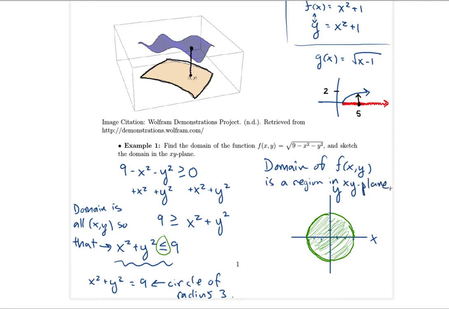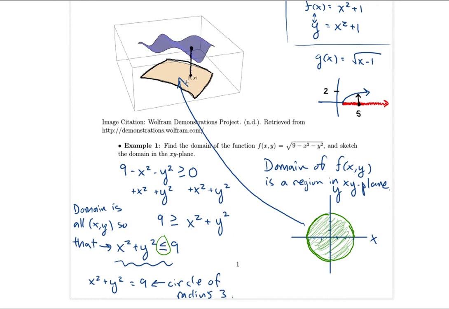So in other words, you can graph your domain just using regular, two-dimensional techniques, right? And so in other words, this green circle that I've just made, that's like this tan region that's down here, right? And then sitting up above that region is the surface itself.